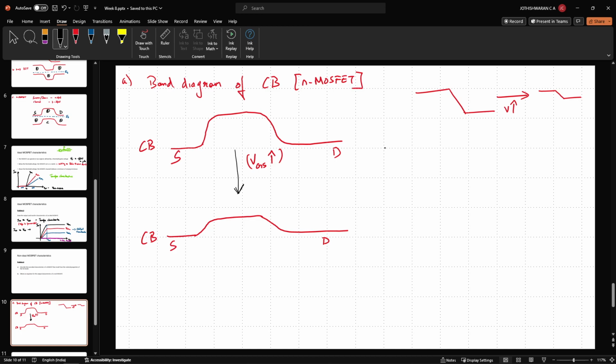So how is that represented? That will be represented by this kind of a curve. So we will have nearly zero IDS and then it will start rising.